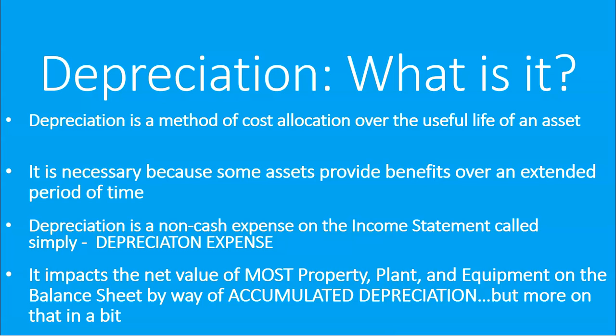So any type of property, plant, and equipment other than land, depreciation will impact the net value of these assets as they lose their ability to help us generate revenues. And we use an adjustment account over on the balance sheet for that called accumulated depreciation. But we're going to talk about that more towards the end of the presentation.